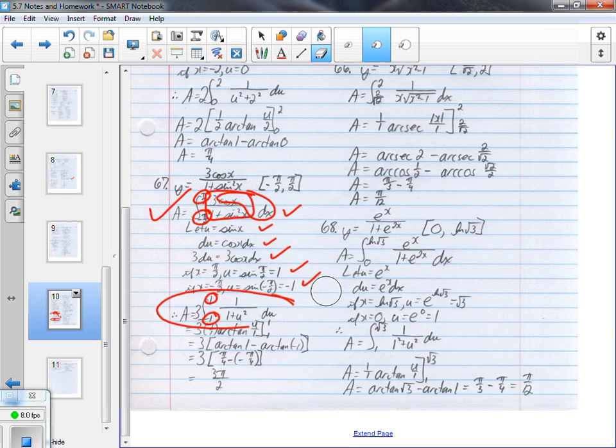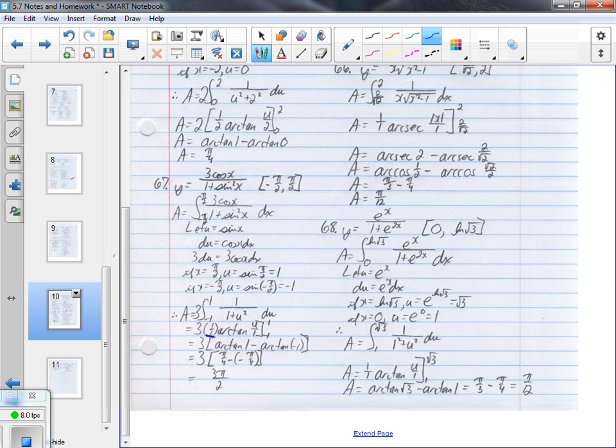Go with me? All right. So the integral, keep the 3 out in front. The integral of 1 over 1 plus u squared du is 1 over a, so 1 over 1 times the arctangent of u over 1, no plus c, evaluated from negative 1 to 1, and go from there.